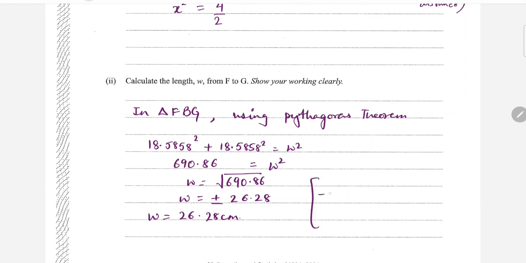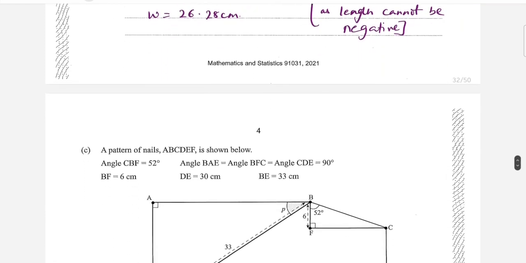And you will write negative 26.28 is invalid, as length cannot be negative. Any statement like this. So don't worry about the wording, but you just have to say that it's an invalid answer, right? Cool. Let's go to the next question.